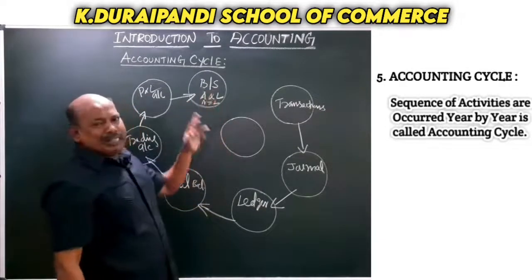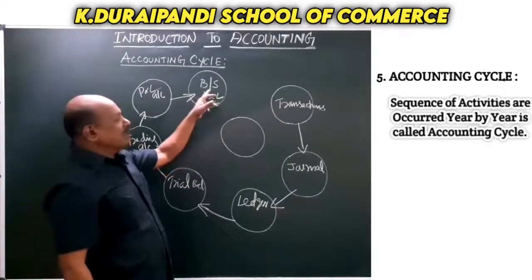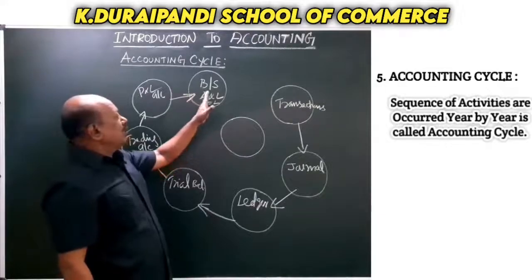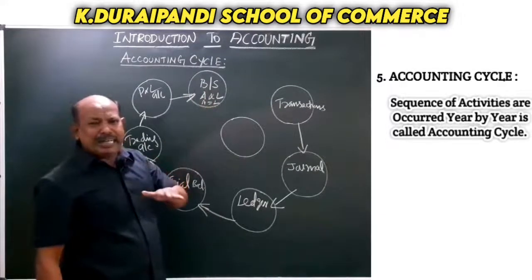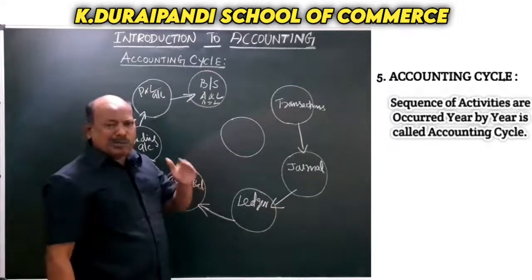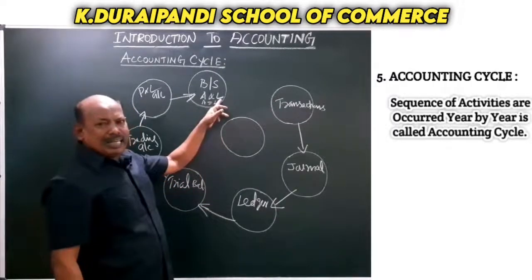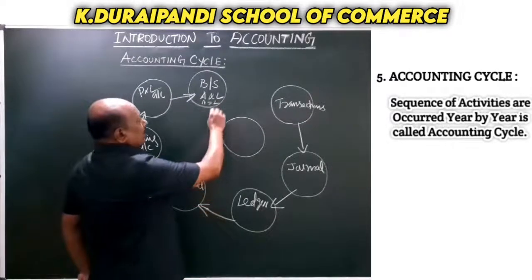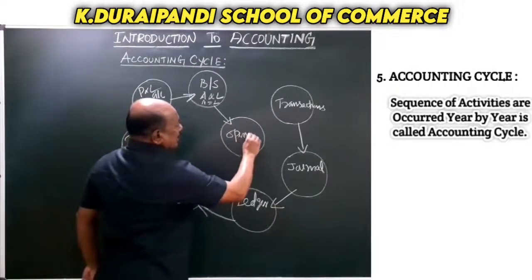That is the balance sheet, that is the financial statement or statement of affairs. Then the balance sheet is prepared at the end of the accounting period. The amounts appearing in the assets and liabilities are then transferred as opening entry.